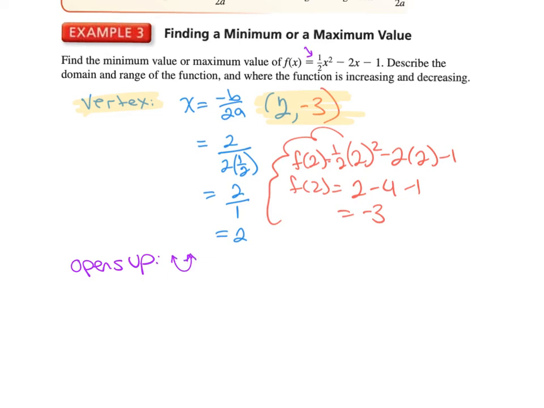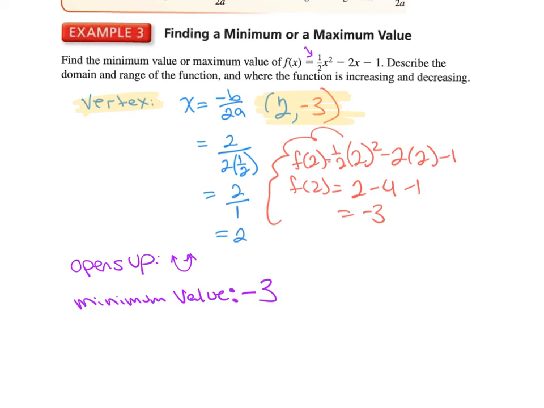So we have a minimum value, and it reaches a minimum value of negative 3. The height reaches negative 3. The minimum value is the y value of your vertex. So it bottoms out at the height of negative 3.